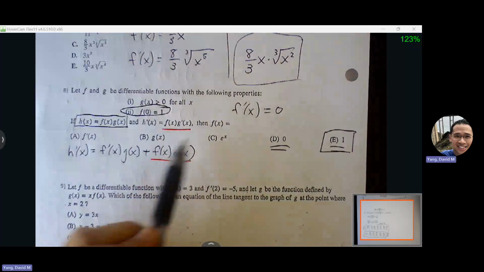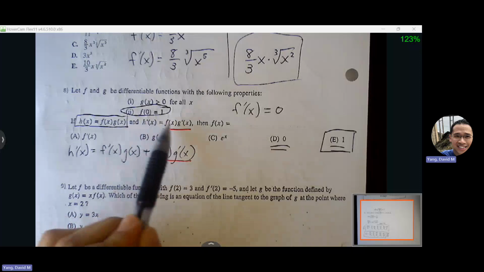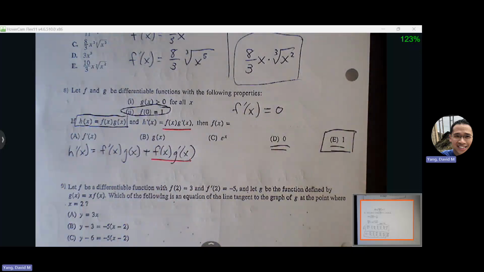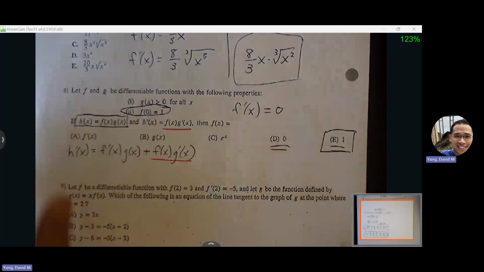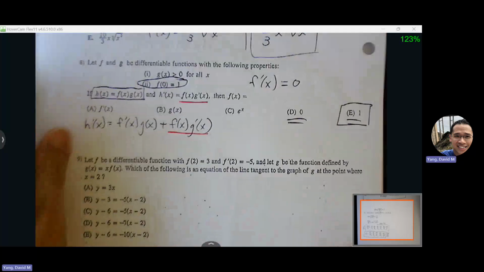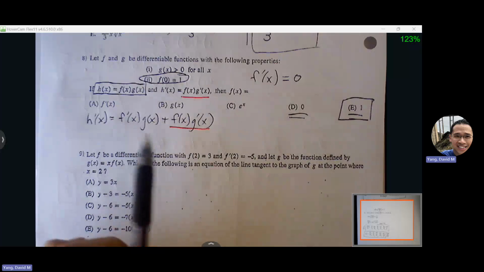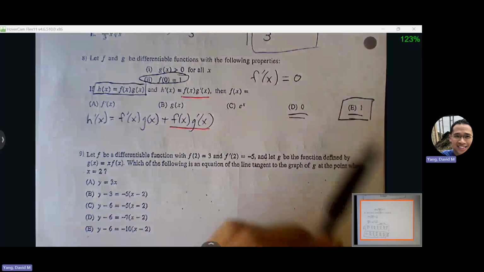So this is kind of like a roundabout way of testing students' knowledge of product rule and then going through problem solving steps to get to our answer.